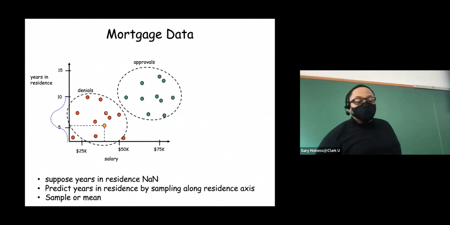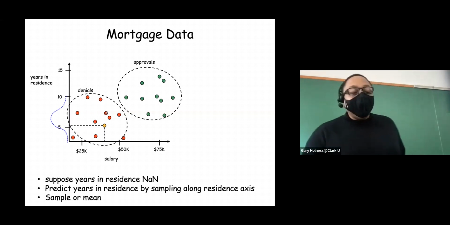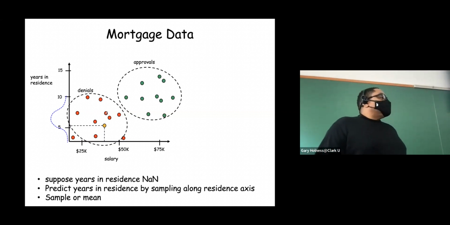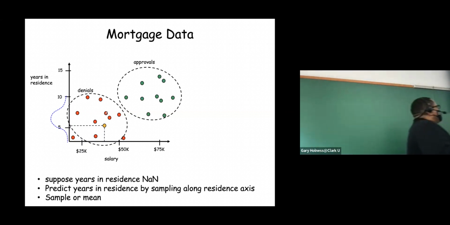Okay. Now you use max likelihood estimation for the years in residence feature for that grouping, and then you sample from it and you use that sample to fill in that missing value for that years in residence feature for that new customer. So you can use it for structured data, these groupings, to appropriately fill in a missing value.